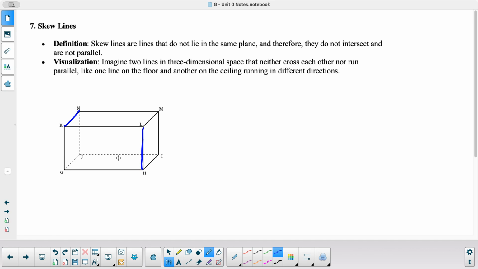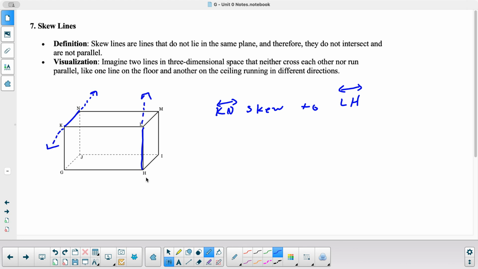Okay, they don't intersect and they're not parallel. So KN is skew to LH. I know they're not lines because they're on a box, but if they were to continue forever, they would never touch.